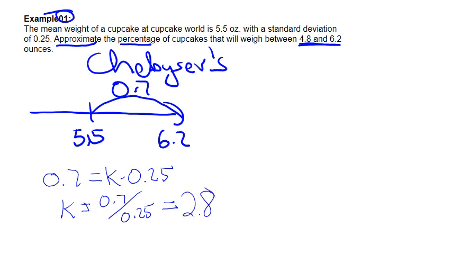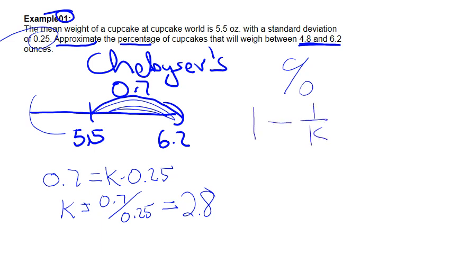Okay, so I have the interval. I found the distance to the endpoint. I know that's equal to k times sigma, so sigma from the problem, k then is equal to, by solving for it, 2.8. Now, since I'm working with Chebyshev's, the percentage relationship to k is 1 minus 1 over k squared.